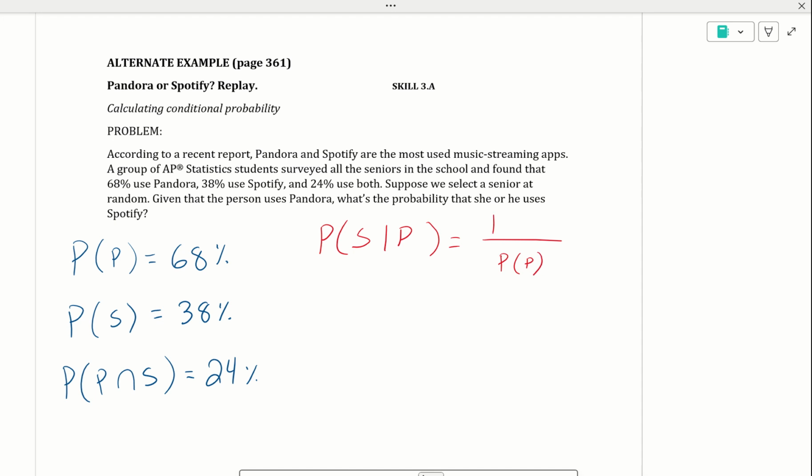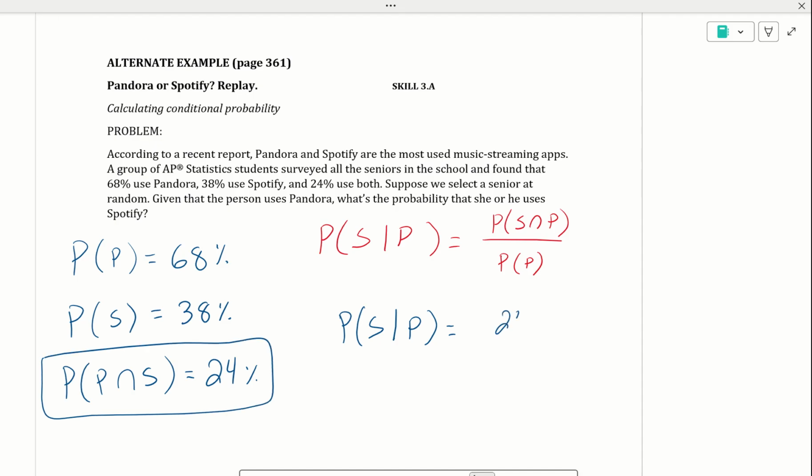And then the numerator is going to be the probability of using Spotify and Pandora. Well, we got what we need over here on the left side. So the probability of someone using Spotify, given that they use Pandora, is equal to the intersection of Spotify and Pandora, which is right here. That is 24%, over the probability of someone using Pandora. That's right there, 68%.